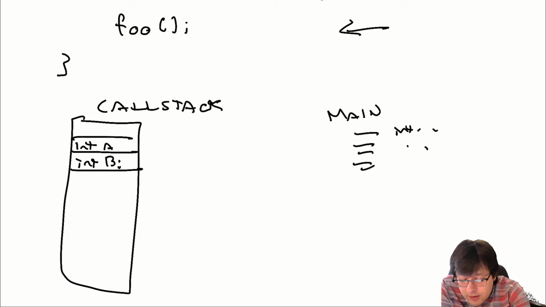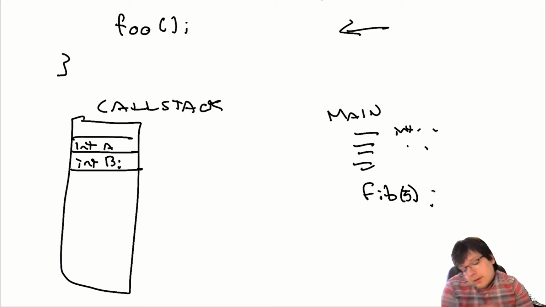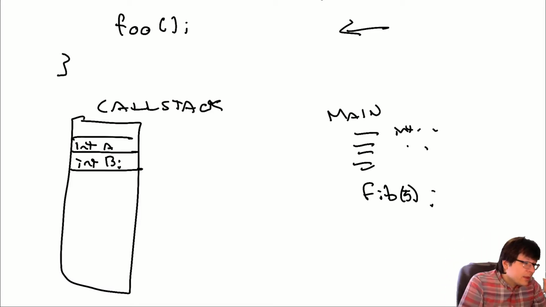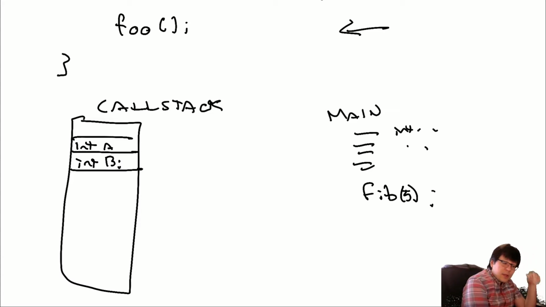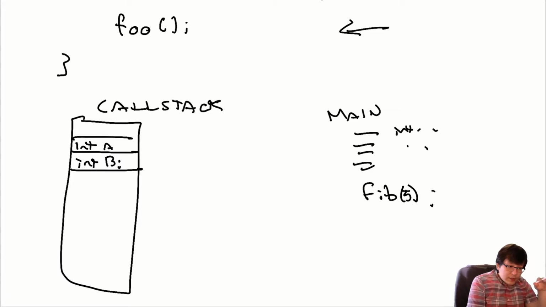But suppose that you get to the function called fib, fib(5). When that function call happens, main execution stops, Fibonacci runs, it computes the number, prints out whatever it needs to do, comes back to main, and then main continues, right? We know that logic sequence is happening like that.